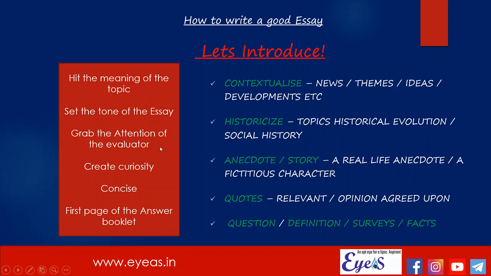The introduction must be such as to grab the attention of the evaluator. So it must be eye-catching. It must create curiosity. It must be presented in a concise way. Often students have the tendency to write a very lengthy introduction.